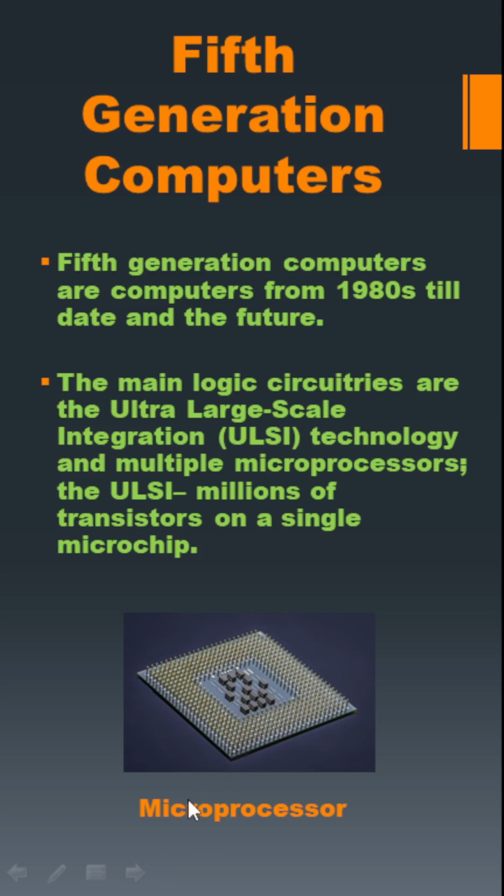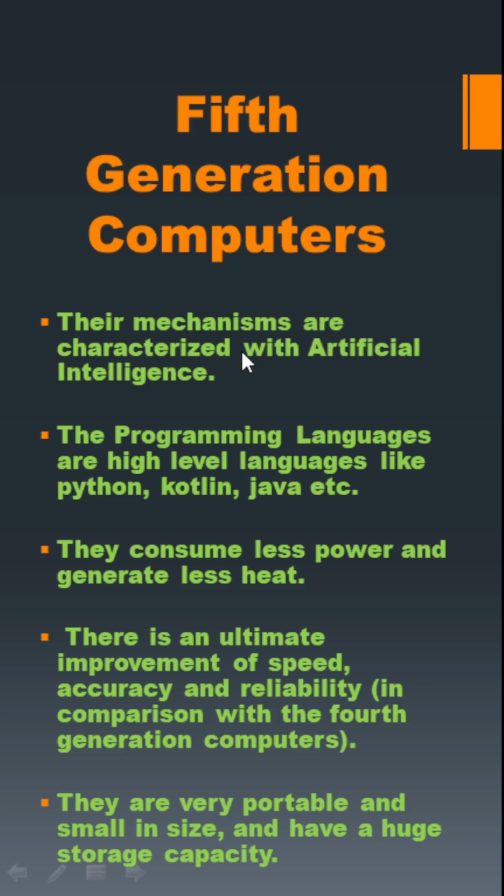So this is a microprocessor which definitely contains millions of transistors in a single microchip. Their mechanisms are characterized with artificial intelligence, while the programming languages are high-level languages like Python, Kotlin, Java, etc. They consume less power and generate less heat.